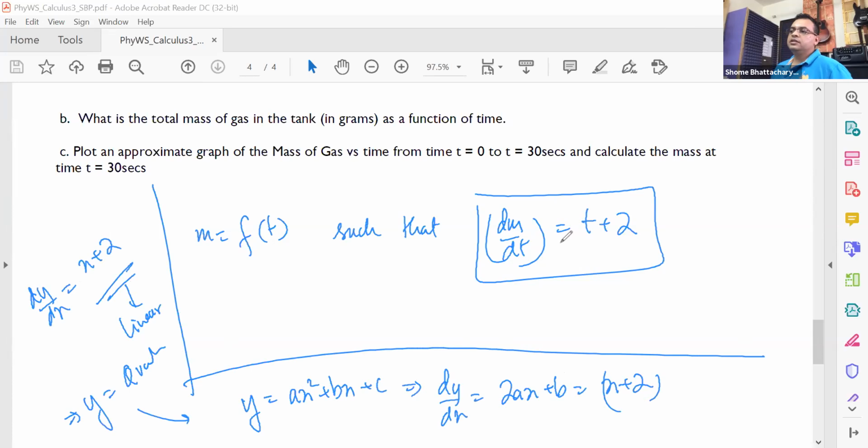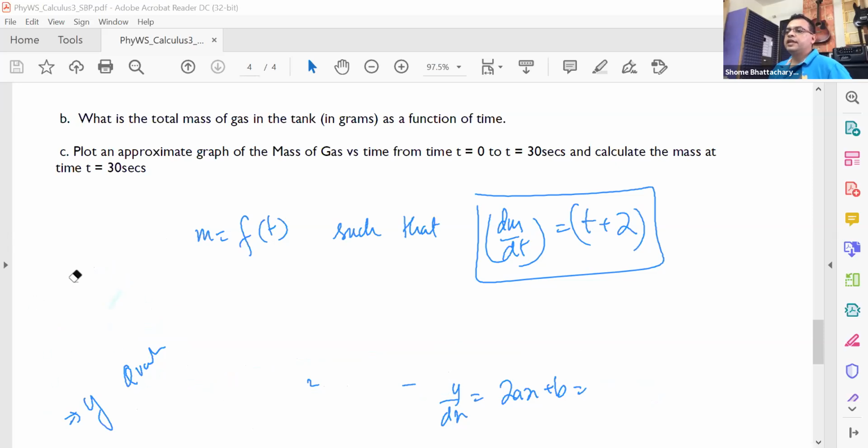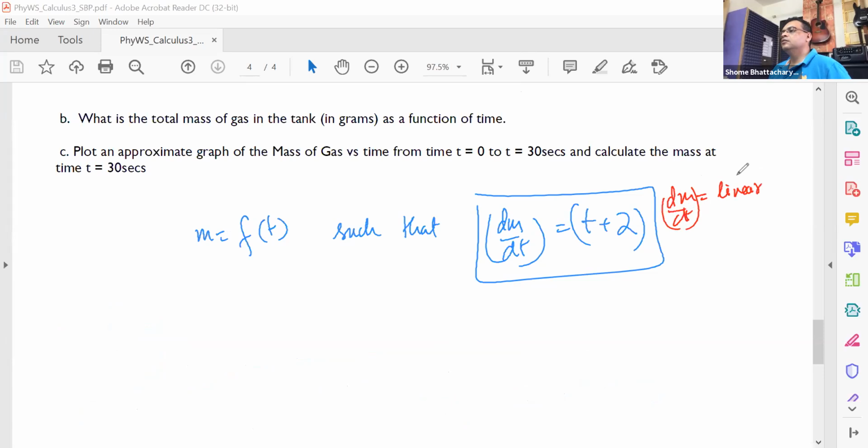So that concept we'll use, but in the language of mass and time now, instead of y and x. Okay. So instead of using this dy by dx thing, we'll just understand that here m is a function of time such that dm by dt is a linear function in time.